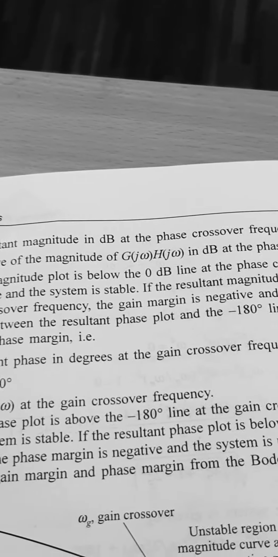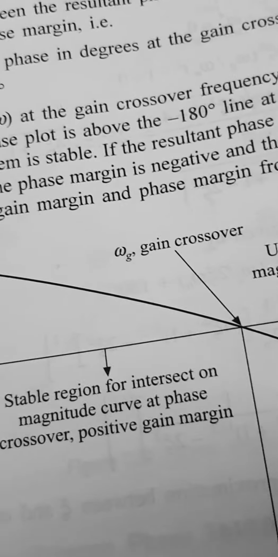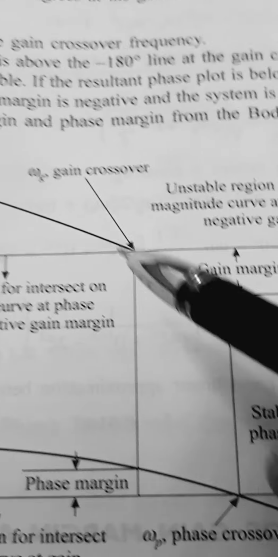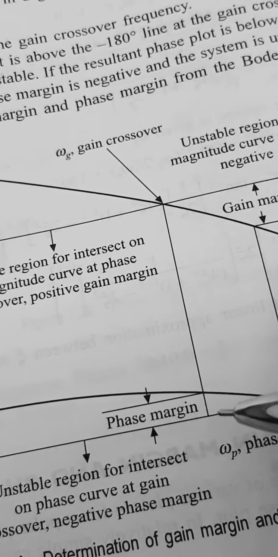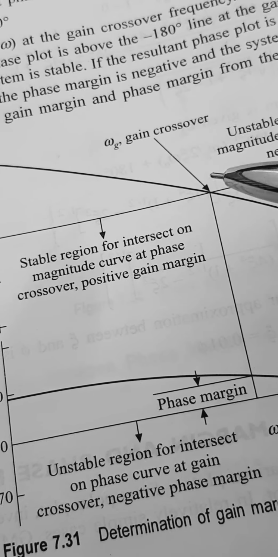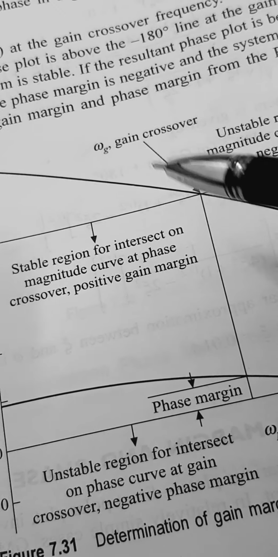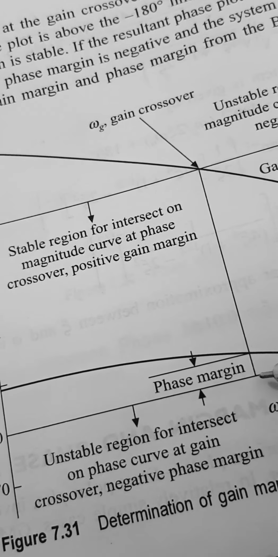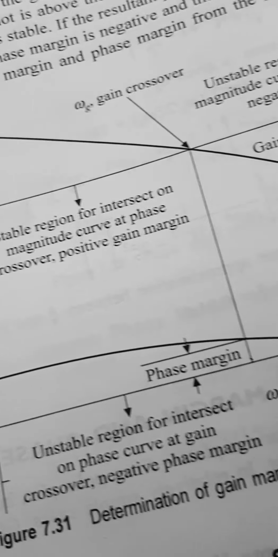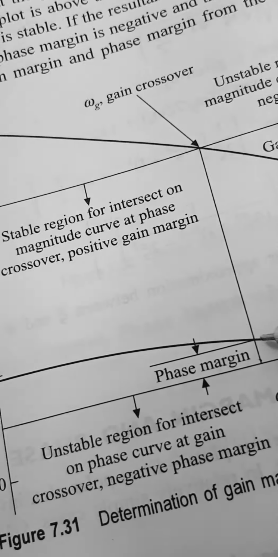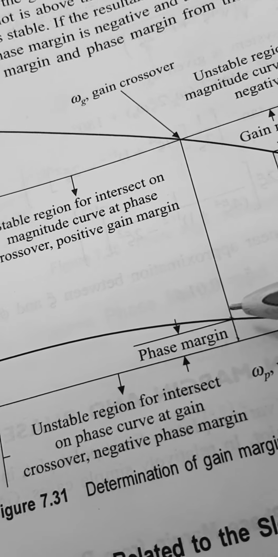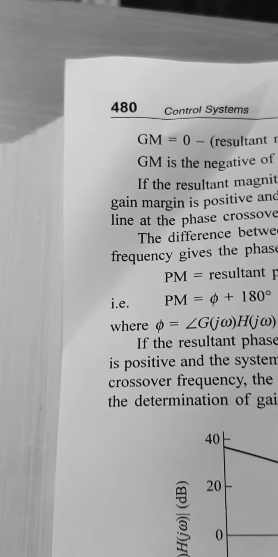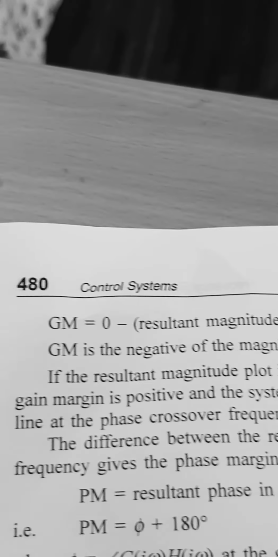Here is the gain crossover frequency, and this is the minus 180 degree line. The difference between the phase at the gain crossover frequency and minus 180 degree, that is, between this point and minus 180, gives the phase margin.